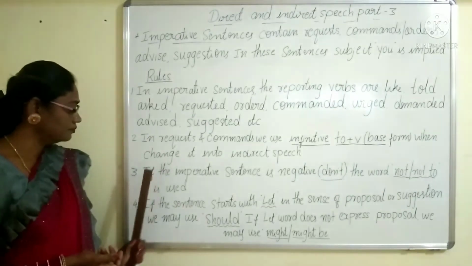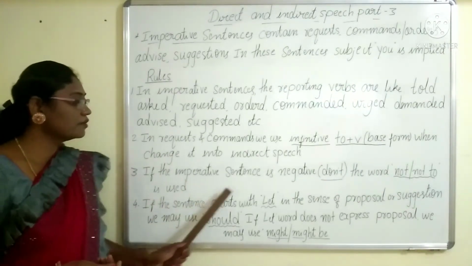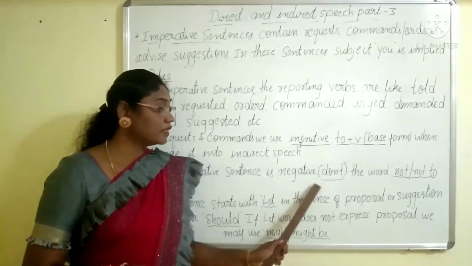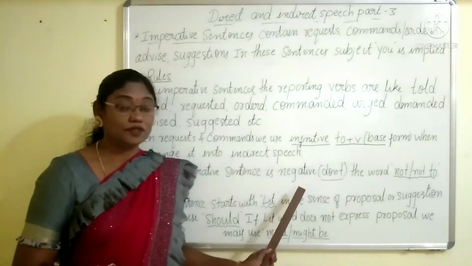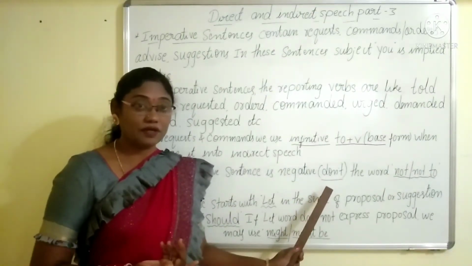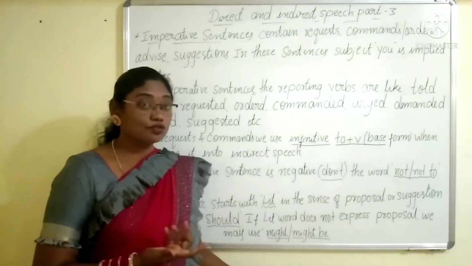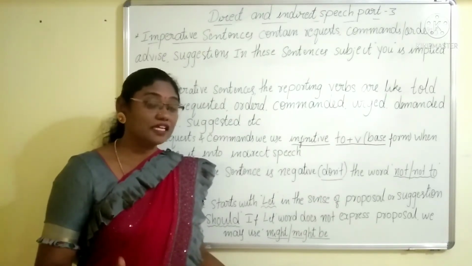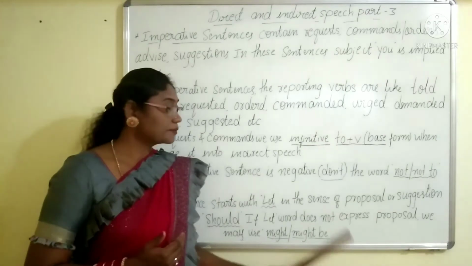What is the third rule? If the imperative sentence is negative, if there are words like don't, that is negative, right? Don't go to school, don't open the book. So these are all negative imperative sentences, right?